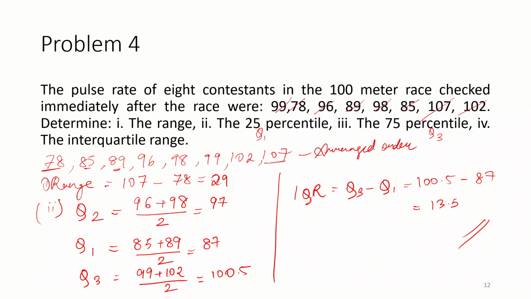You only consider the numbers in the first half, find the median, and that will be Q1, like how you did here. Here there was 96, 98, so consider this number and this number. Similarly you will consider it. Sure, thanks.